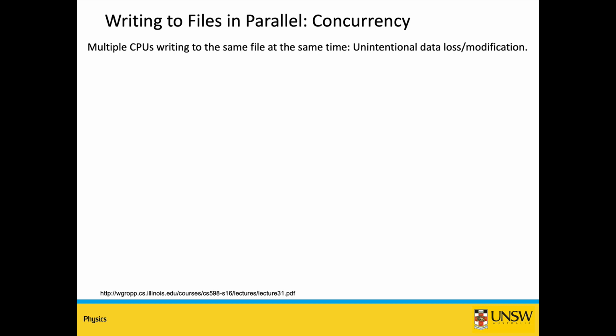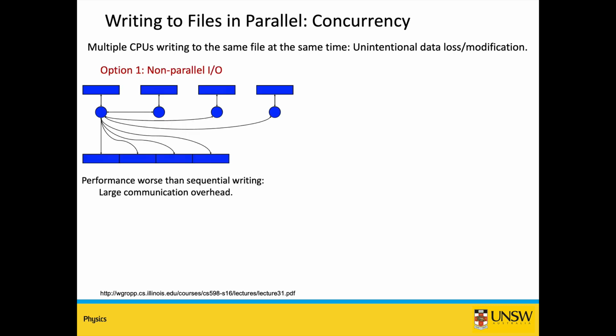And it's possible to avoid that. Let us look at some schemes to do file output. The first option is non-parallel I/O. Over here, although you have a lot of processors in your simulation, they are not actually writing directly to the file.